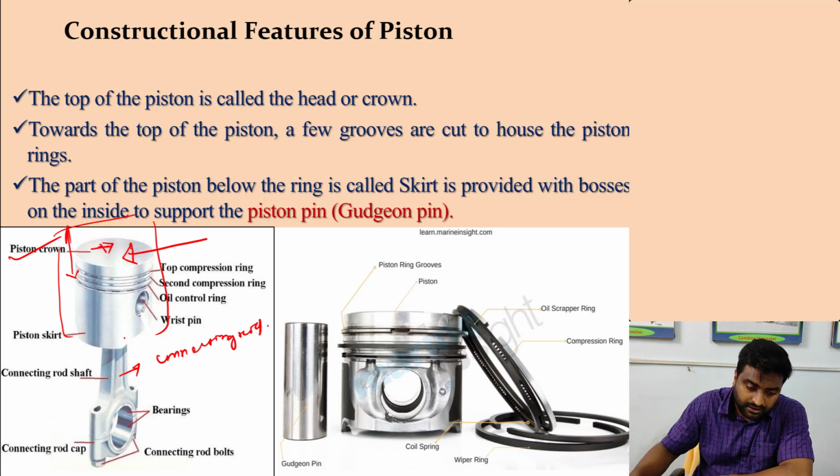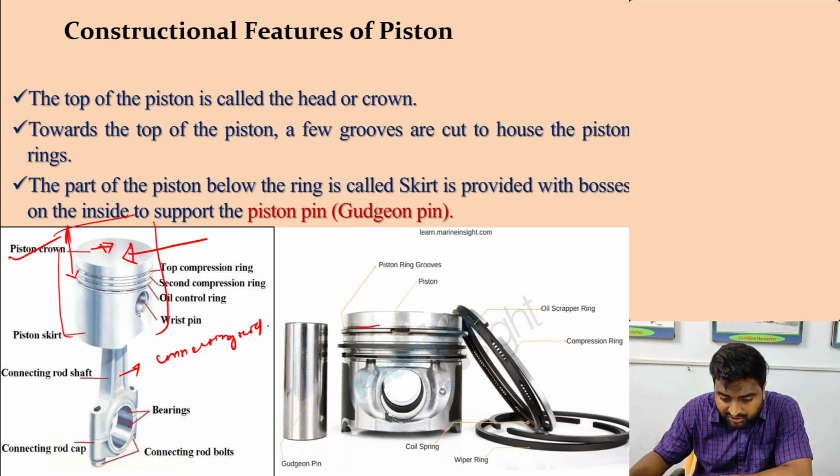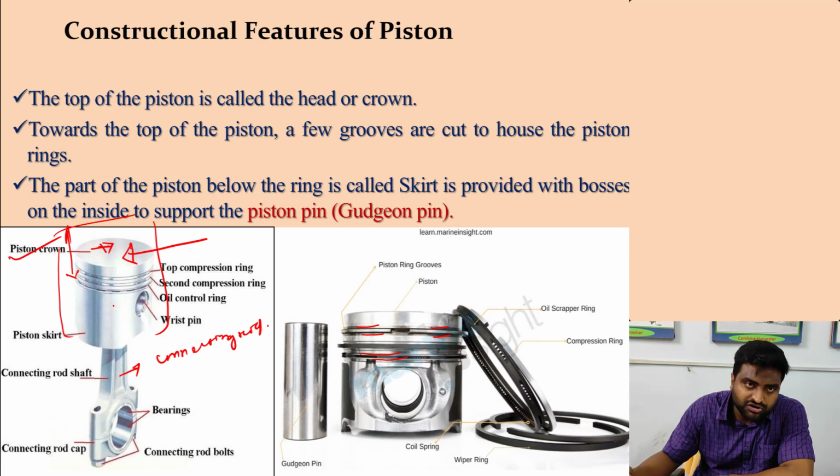Now if we come to the downward position, you can see several slots over here. Generally 2 to 3 slots are given. In these slots rings are inserted, and the top one is known as the compression ring, or compression slot.